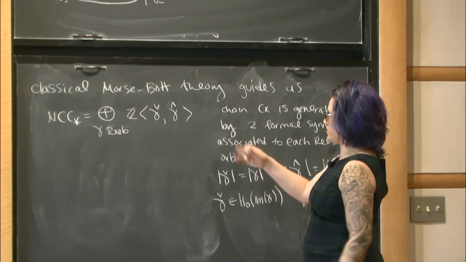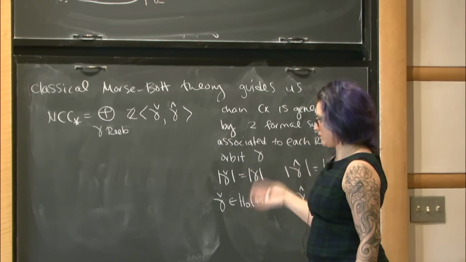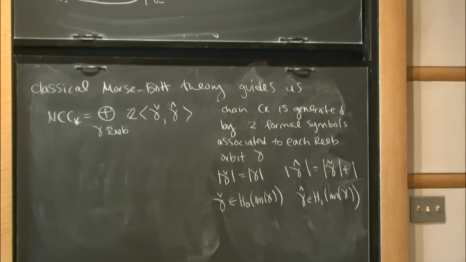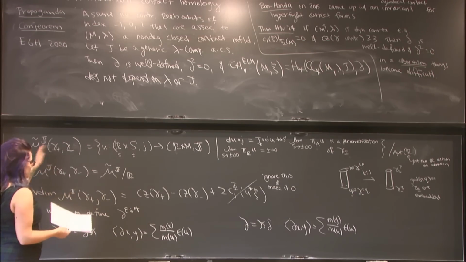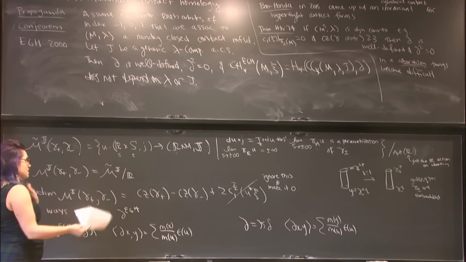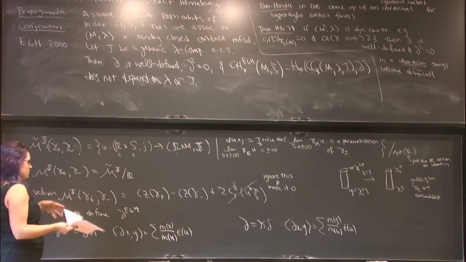The reason why this wasn't the natural choice for Yasha and Helmut was because Helmut had previously studied time-independent moduli spaces of pseudo-holomorphic curves because he was interested in dynamical questions and looking at compactness issues forcing the existence of closed periodic orbits.